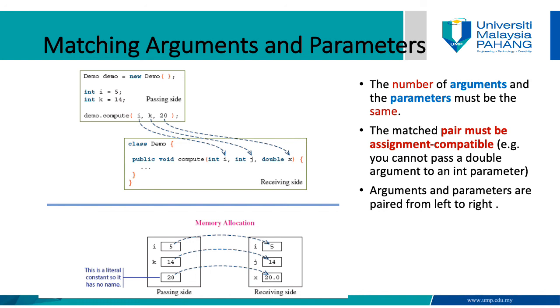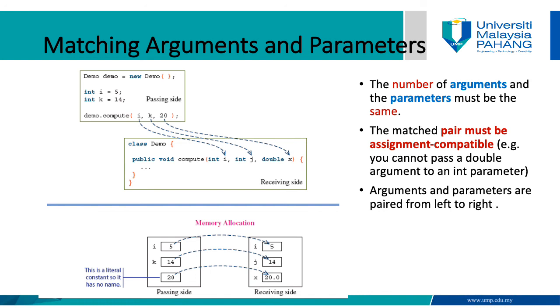What is k? k is integer j. What is x? x is double. What is 20? 20 is double x. So when you are trying to allocate the value of each argument, you will refer to your class that contains the information.